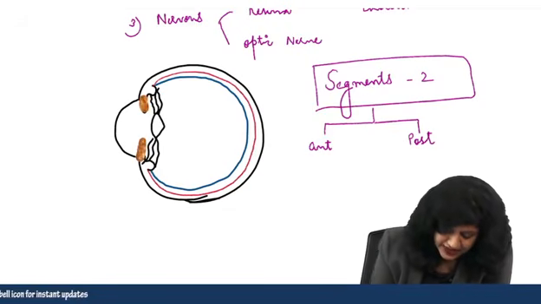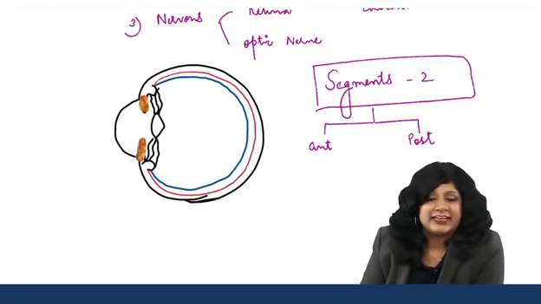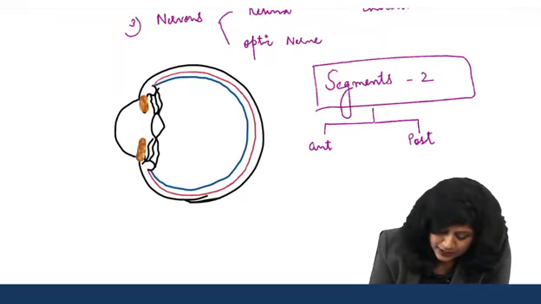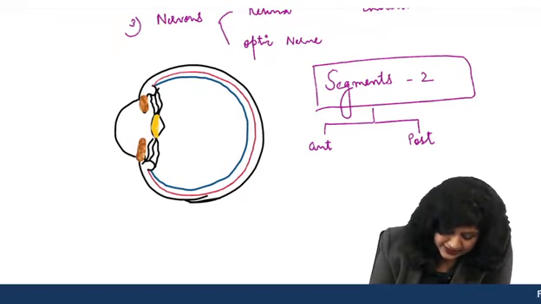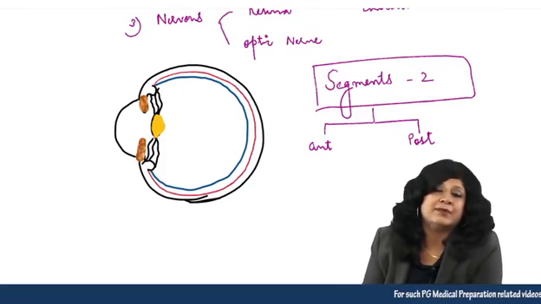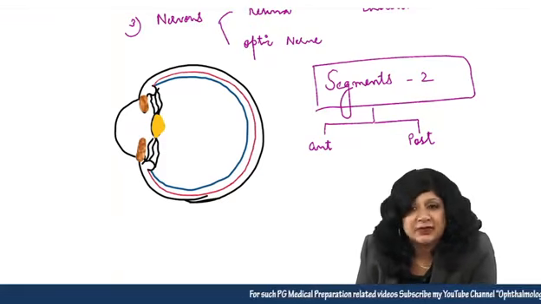While the second thing is the lens. Lens is responsible for dividing the eyeball into the segments, and iris is dividing the segment into the chambers.